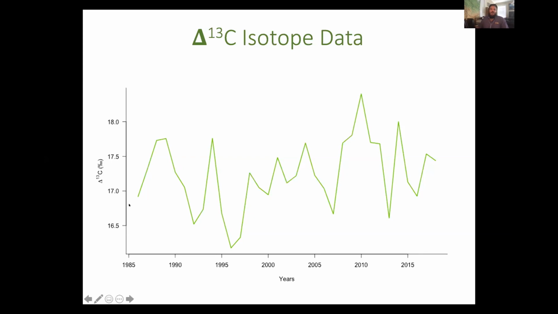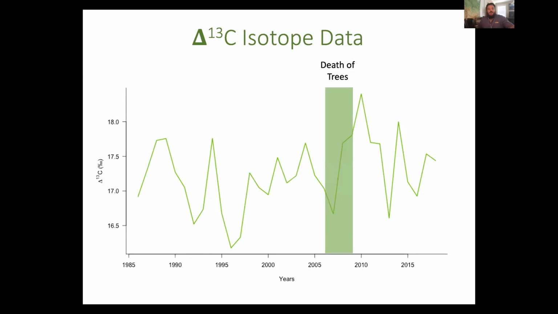And the way I want you to think of this line is, as this line increases or decreases, so this low point here in 1996, you have a high moisture stress. The way I really like to think about it is, as this line increases, we have happy trees, and as this line decreases, we have unhappy trees. So a peak in moisture stress here in 1996, and sort of a gradual recovery, though another drop here in what I believe is 2007.